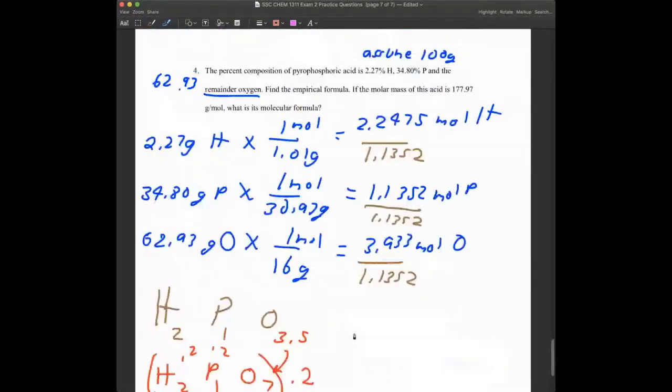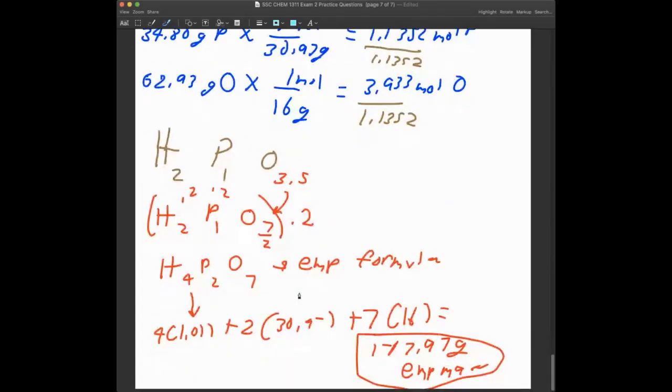Okay. So now our problem is asking us to find the molecular formula. So how can we find the molecular formula in this case, given that we just found the empirical formula and the empirical formula mass? Yeah, it's the same as empirical.